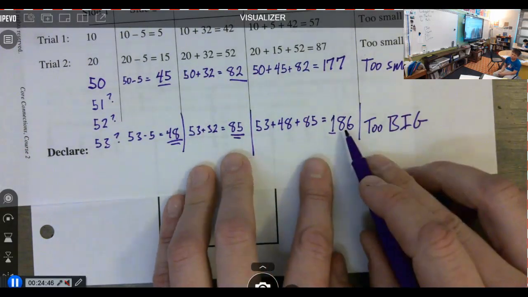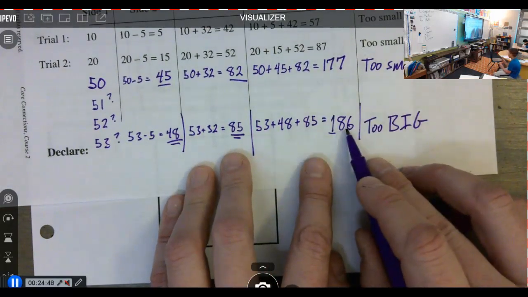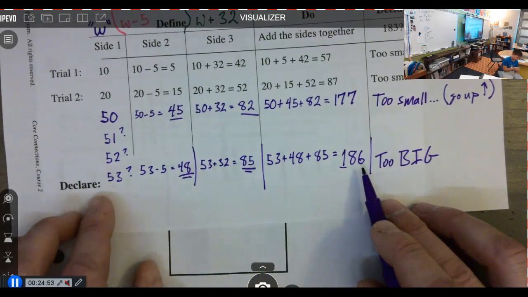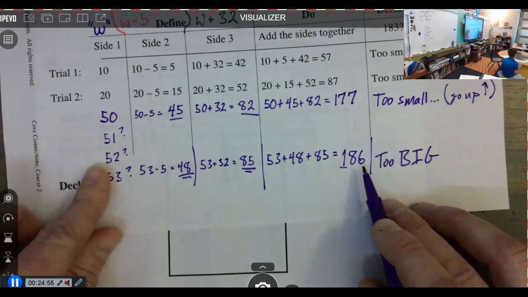Okay. We're really close, really close. This one's closer though. The 186. So what would you try next? 50. God, we already did 50. I'm doing 52.